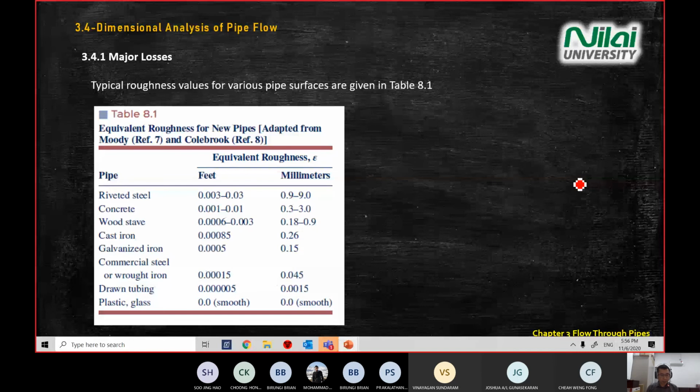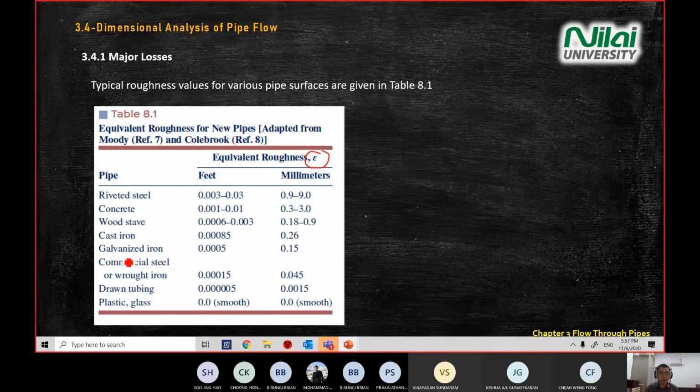Okay. The first table that we'll see in the exam is Table 8.1. How to read this table is that on the left hand side, you will have a type of material. For example, you're given cast iron. Then your roughness, you read from this table.